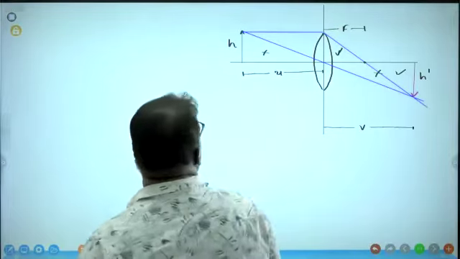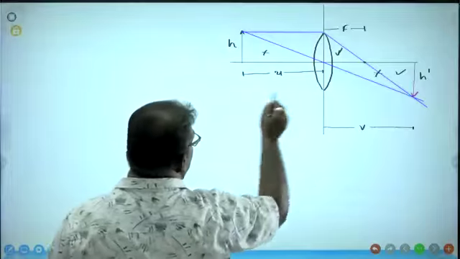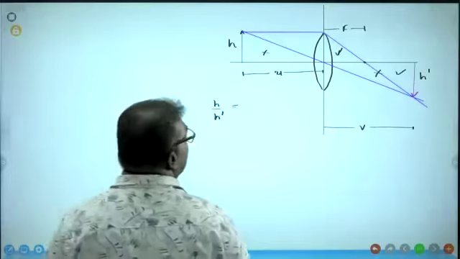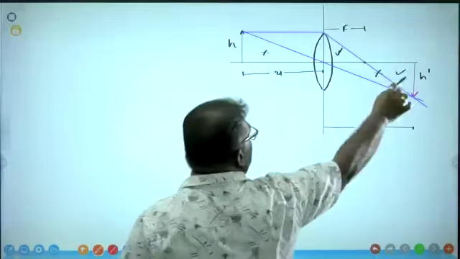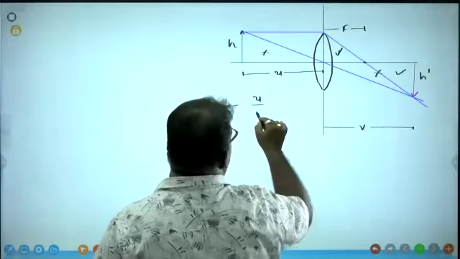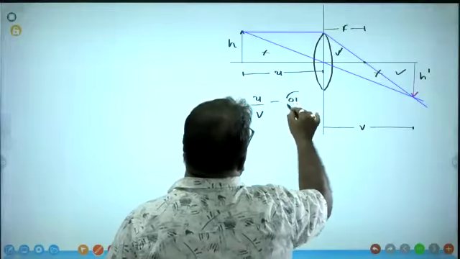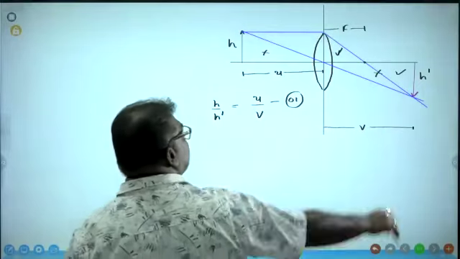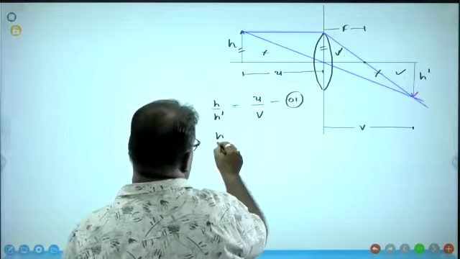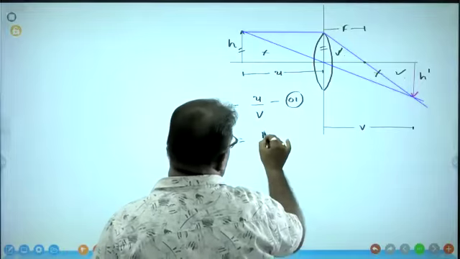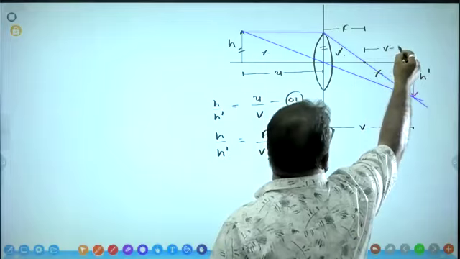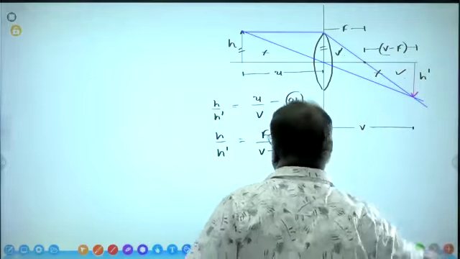Considering similar triangles, h over h dash equals the object distance u over v. This is number 1. For the other similar triangles, h over h dash equals f over v minus f.